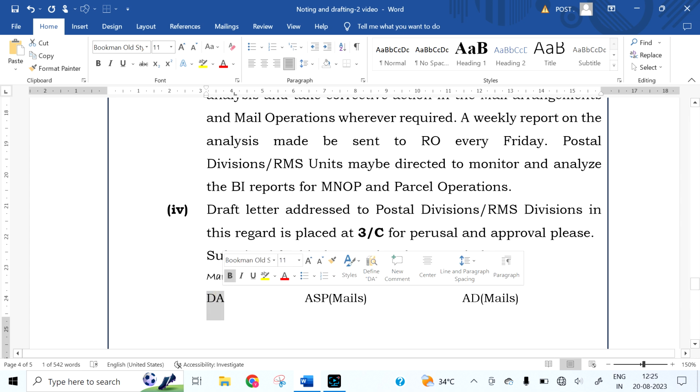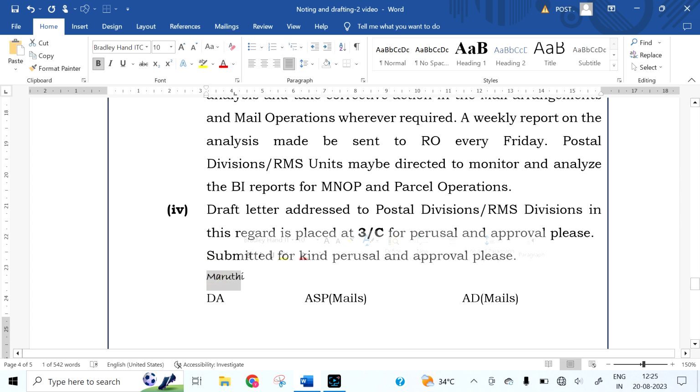This is the dealing assistant, signed, and ASP mails, AD mails, and it will be going through this route, and AD mails will generally mark to DPS, and DPS will mark to PMG for further approval. So this is how a drafting noting will be done in a note sheet in a regional office for improvement of D plus 0.